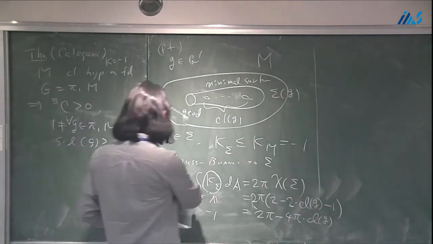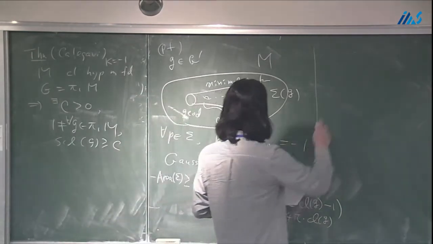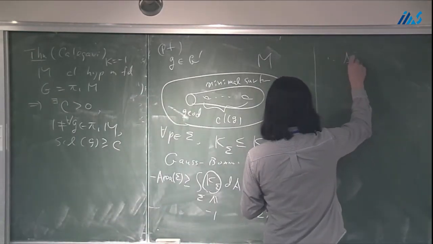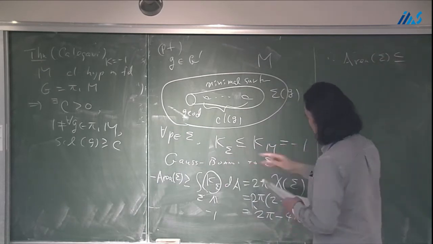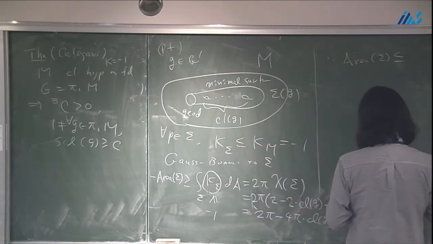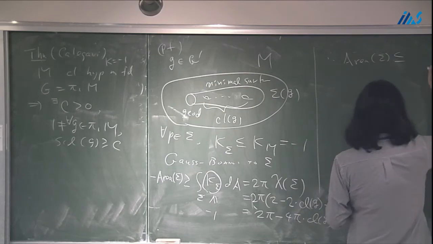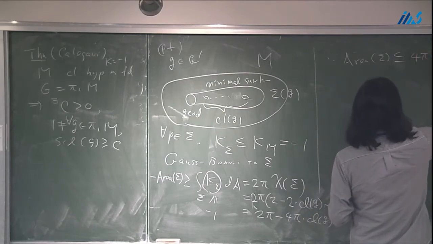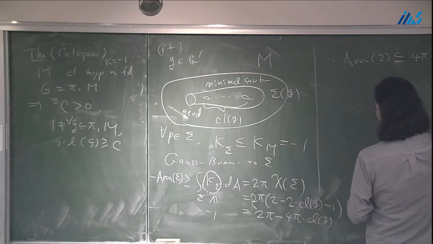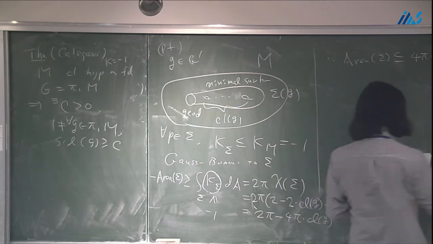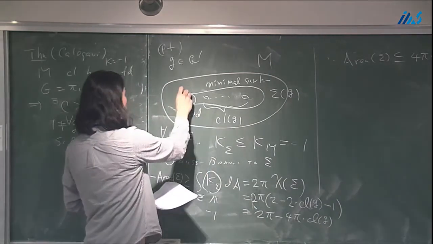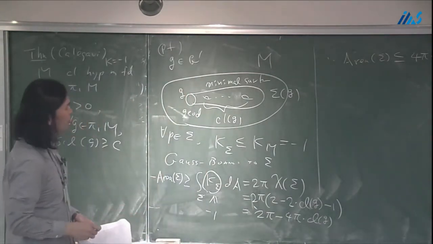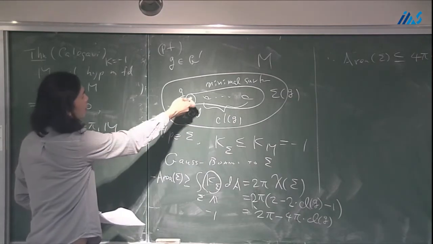So I just move it around and I get, therefore, that the area of the surface is at most 4 pi times commutator length of G minus 2 pi. So this is what I get. This is for the geodesic for G, but actually this is true for any element.